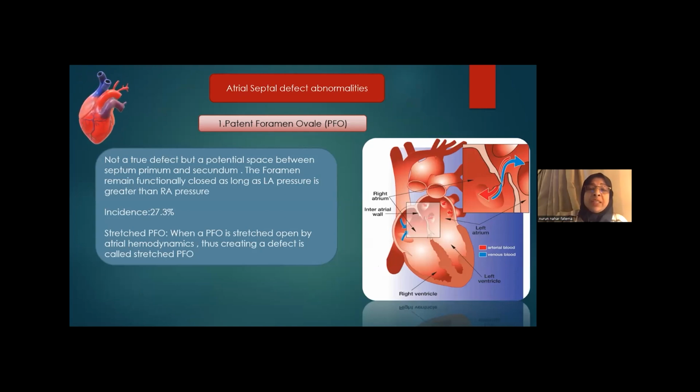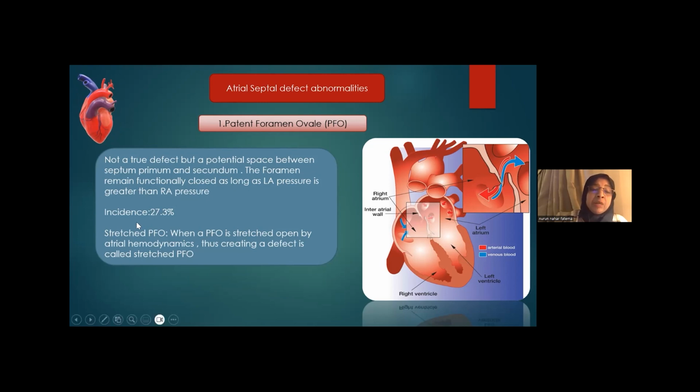The first type of abnormality in the atrial septum is the patent foramen ovale. It is not a true defect, but a potential space between the septum primum and septum secundum. The foramen remains functionally closed as long as left atrial pressure is greater than right atrial pressure. If left atrial pressure is less than right atrial pressure, this potential space will open, and there will be a shunt through it.